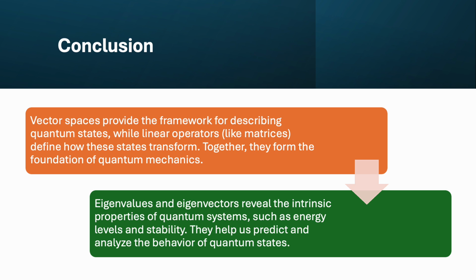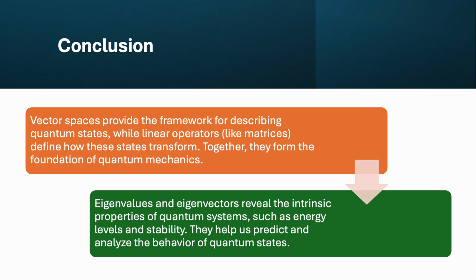Let's conclude this lecture here. Vector spaces provide the framework for describing quantum states, while linear operators like matrices define how these states transform. They form the foundations of quantum mechanics. Eigenvalues and eigenvectors reveal the intrinsic properties of quantum systems, such as energy levels and stability.